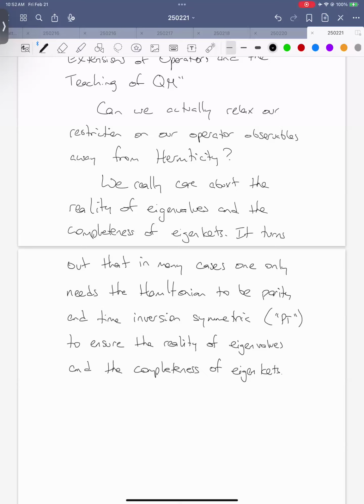And if you'd like to see a review article, see arXiv 2312.17386, titled PT symmetric quantum mechanics.